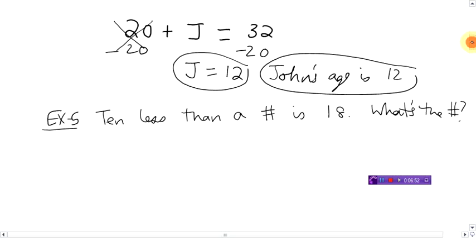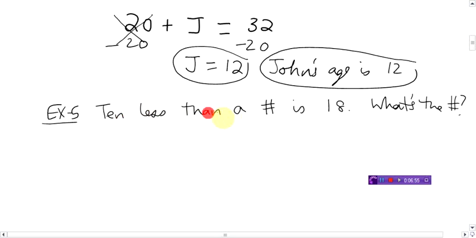Alright, next up. 10 less than a number is 18. What is the number? 10 less than a number. In this case, what you want to say is that the number had it first, and we're taking 10 off of it.